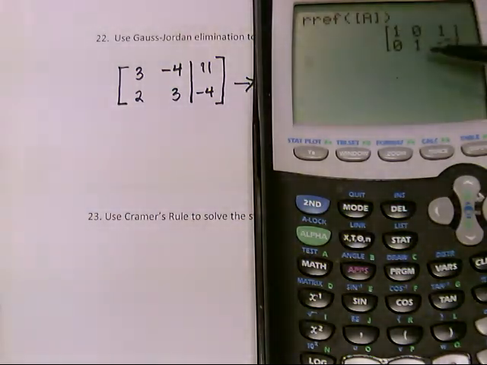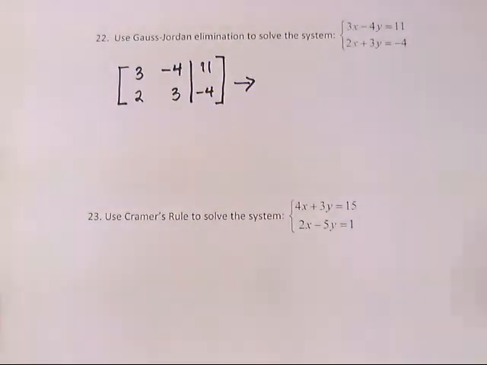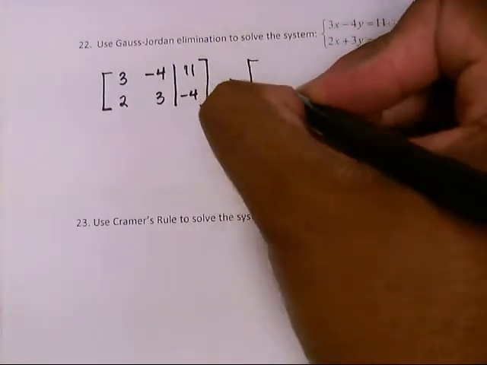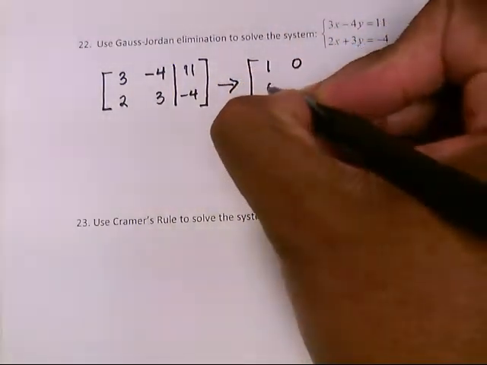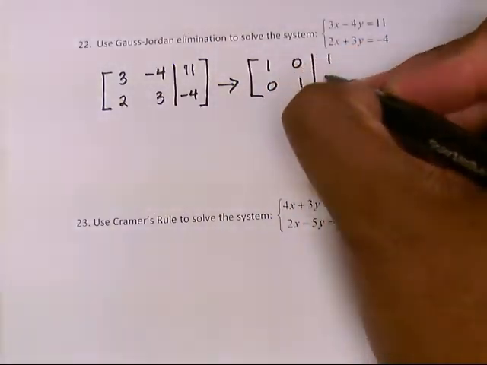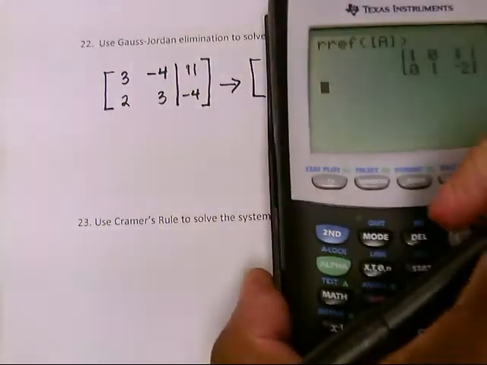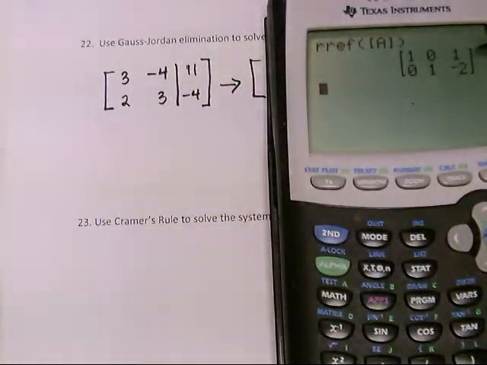Now this will be what's in reduced row echelon form, and I would expect you to copy that off that screen, which is this: 1, 0, 0, 1, and then 1, -2. And let me explain these numbers in the last column, the 1 and the -2.